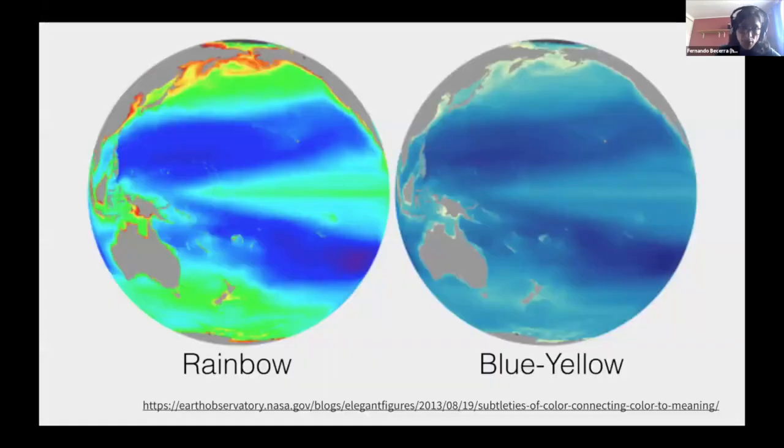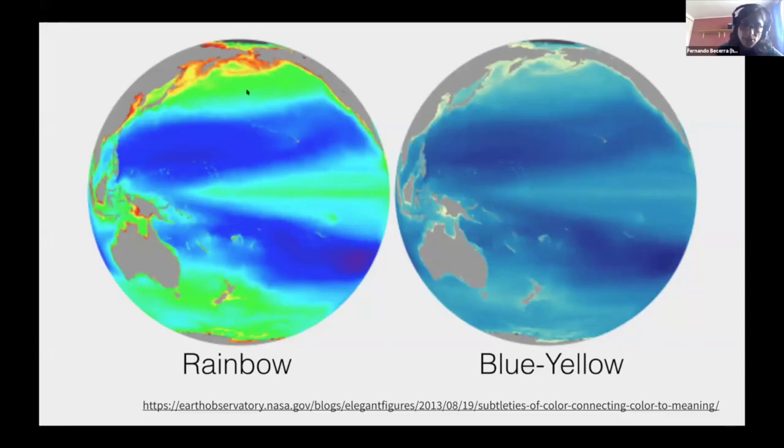And also, I cannot emphasize more that you should not be using the rainbow color map. This is really bad. It is bad because it translates really badly into grayscale. The blue and the red look kind of the same, so it's hard to differentiate a sequence.